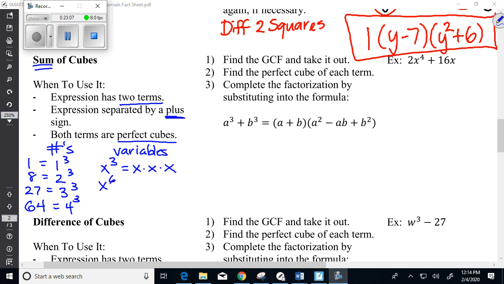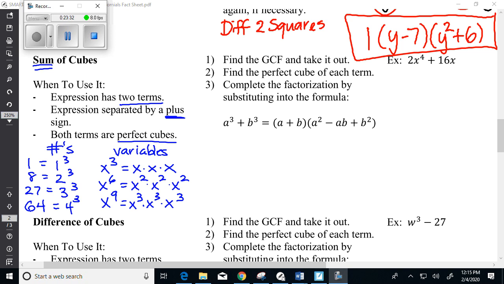X to the 6th, perfect cube: x squared times x squared times x squared. X to the 9th, perfect cube: x cubed, x cubed, x cubed. And you can continue down the line with regards to variables. So it helps to know what actually makes a perfect cube.